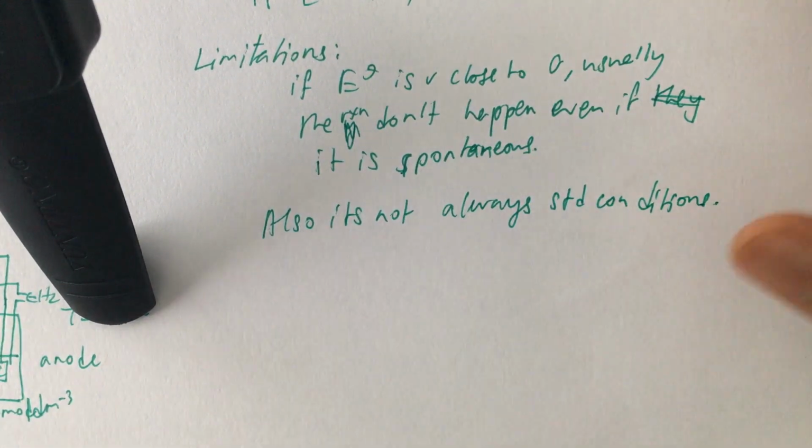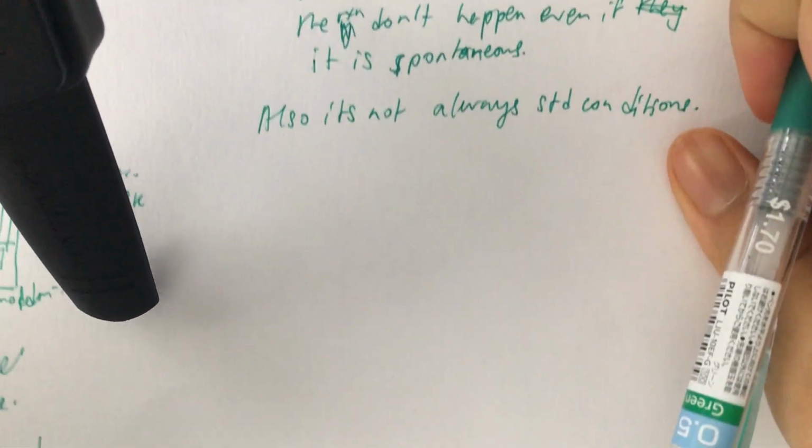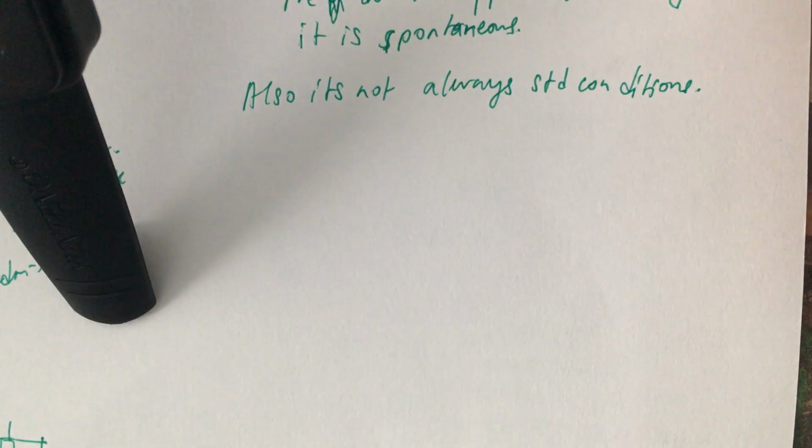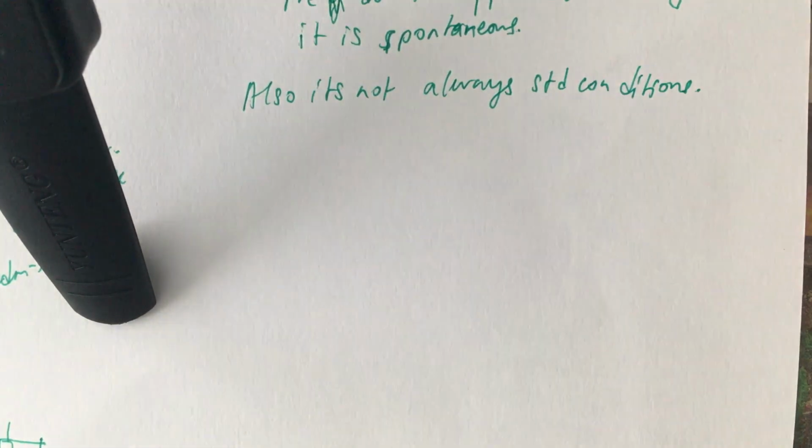So you can write down the reduction equation, write down the oxidation equation, and then multiply them accordingly to balance out the electrons. Once you're done, you have to see what kind of solution it is. If it's acidic, then you account for the H plus, or if it's alkaline, you account by adding OH minus.